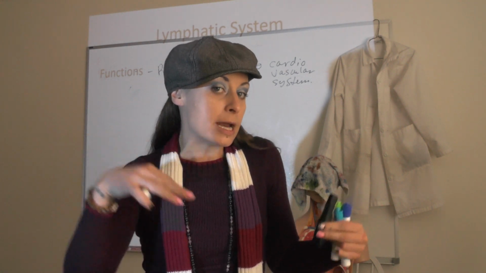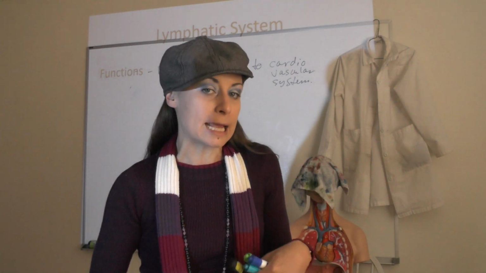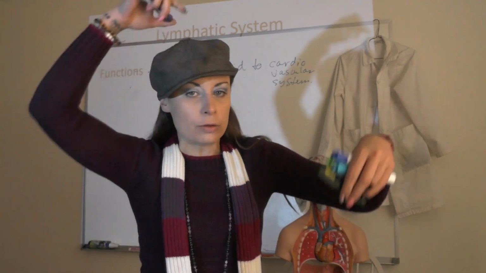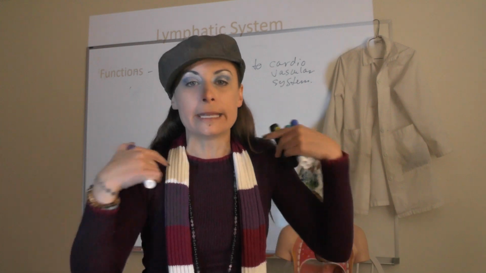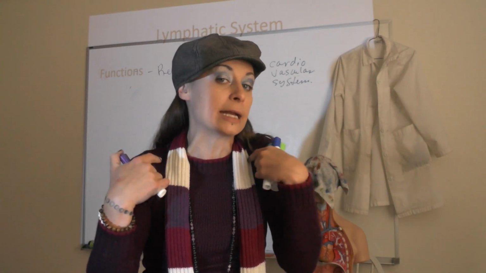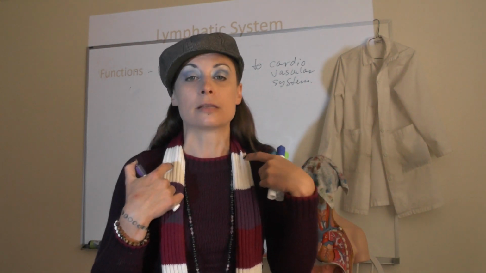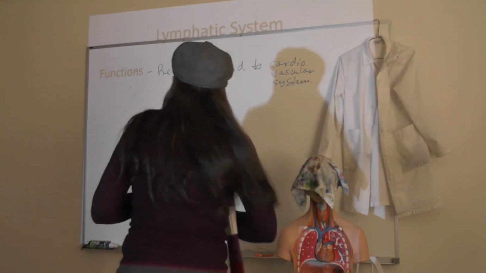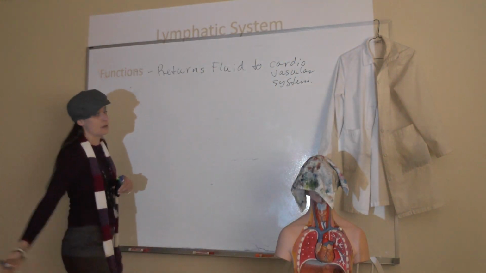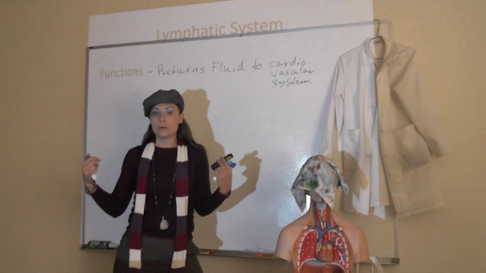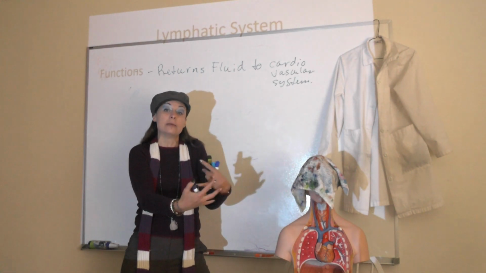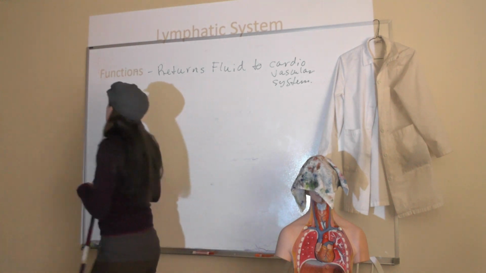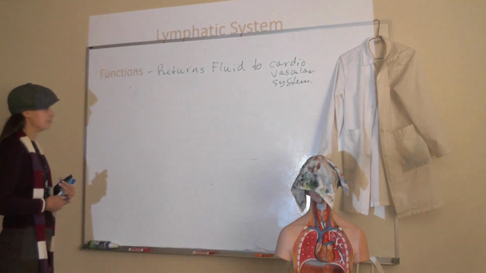So that fluid is going to be picked up by lymphatic capillaries and go through a series of vessels that run past lymph nodes and drain into these things called lymphatic ducts that then drain into your subclavian veins. So that's a really important function of the lymphatic system. And if you don't have the ability to return all that fluid, you start to see what's called edema, or swelling in the tissues. So that's a really big important function.